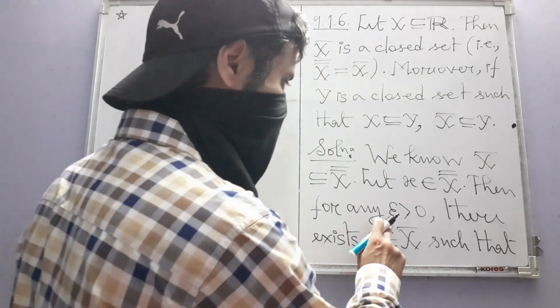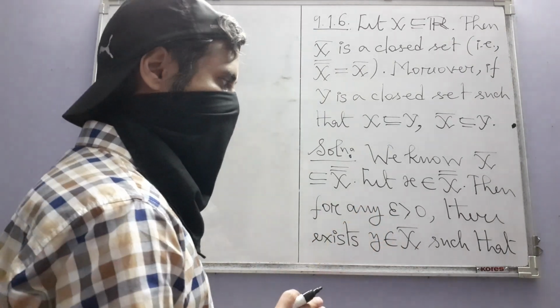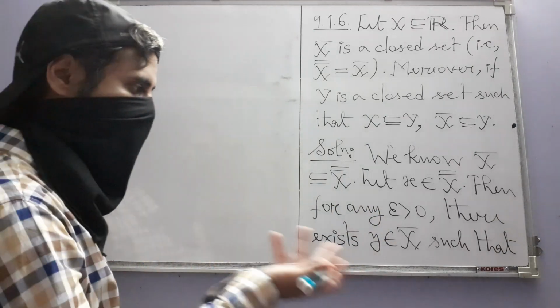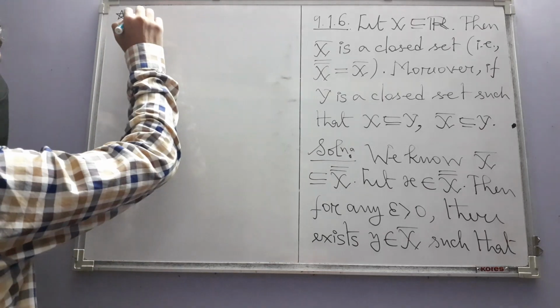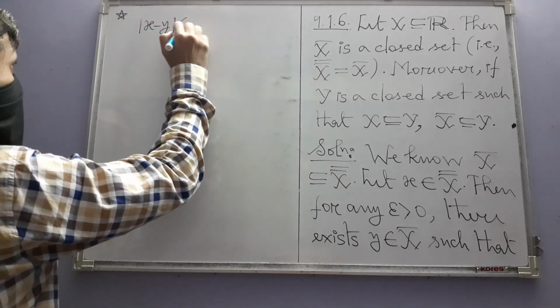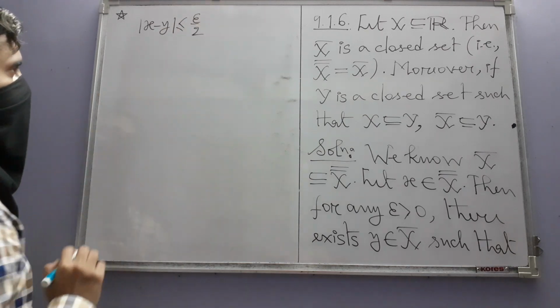But we won't take epsilon itself, but rather epsilon over 2, as a new value of epsilon, such that y is epsilon over 2 close to x.